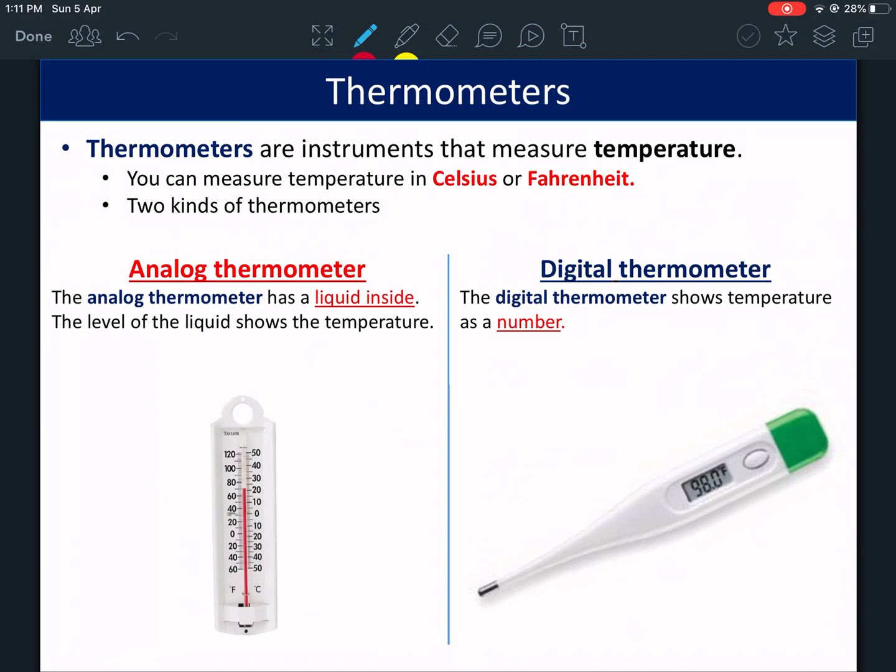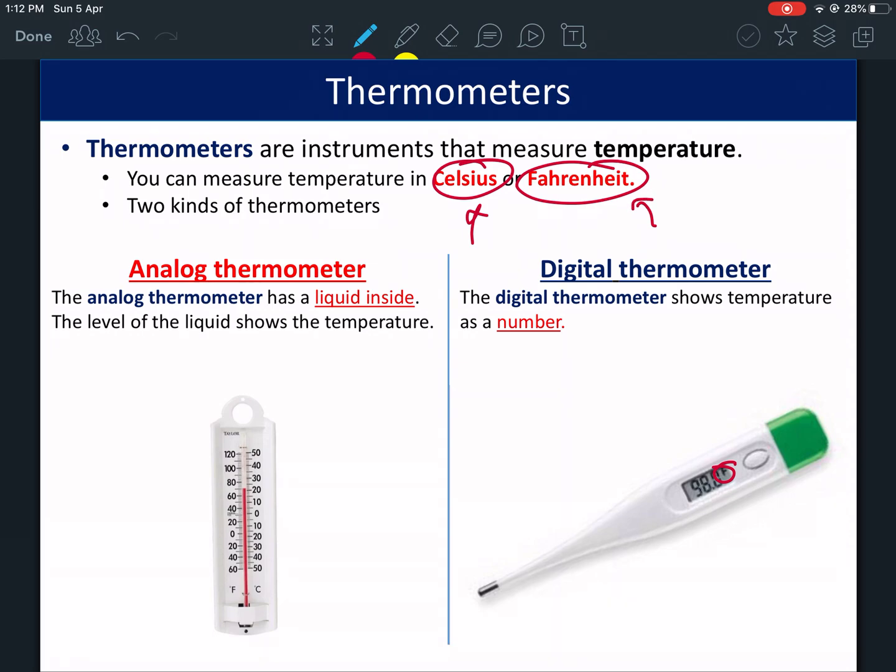We have two kinds of thermometers. A thermometer can check the temperature in Fahrenheit. Look at this. It's 98 Fahrenheit. Or in Celsius. Here in the United Arab Emirates and pretty much all the other countries, they use Celsius, but in the United States they use Fahrenheit.